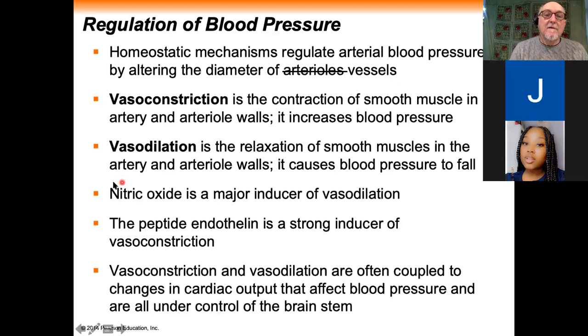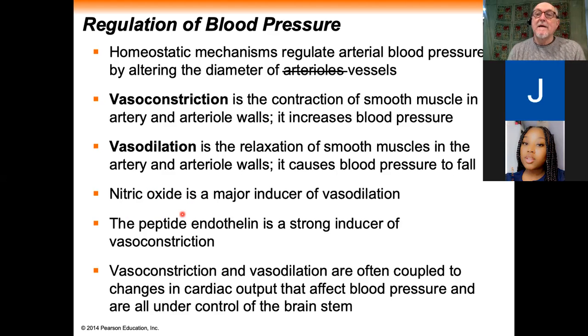Just as a little side note, it's been discovered that one of the most important influences on the diameter of blood vessels is a gas. And it is a gas which is acting as a hormone, which is a very interesting situation because it's very unusual. But the gas is nitric oxide.